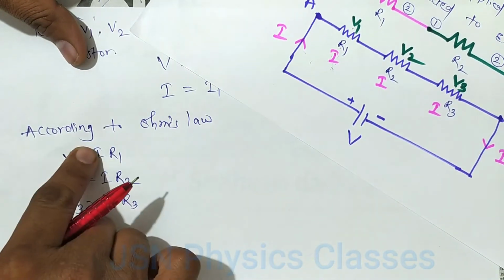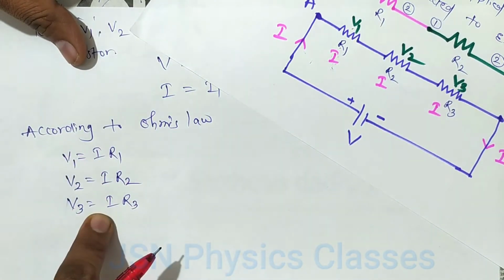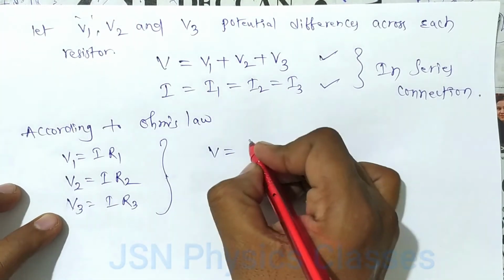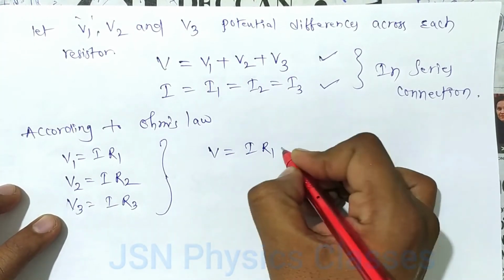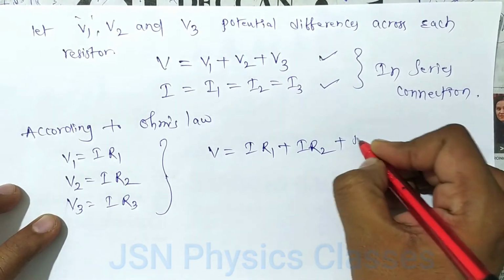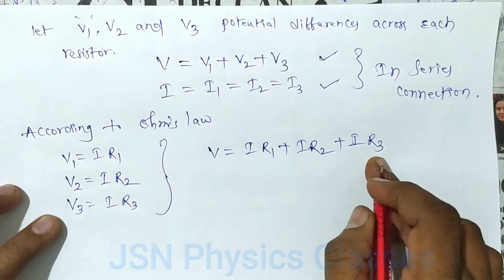If you observe, the current across each resistor is the same. Substitute in the equation V is equal to V1 plus V2 plus V3, that is I R1 plus I R2 plus I R3.